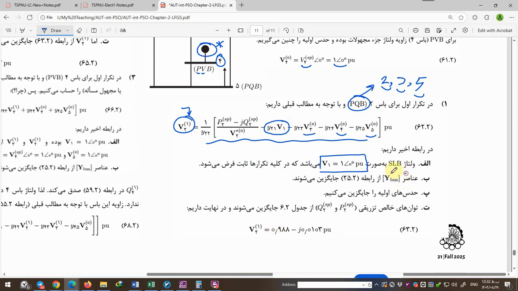The Y bus array is substituted, the initial values are substituted, and after a calculation, we can get this result as the first iteration of V2. I suggest you do this calculation at home for more exercise, and it is very important to calculate it yourself.